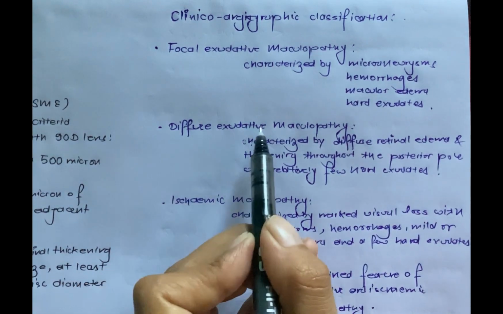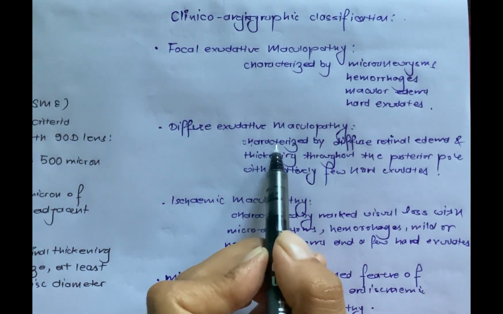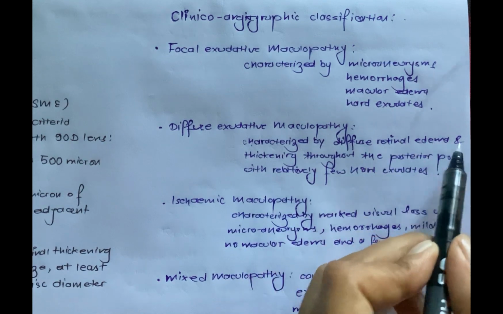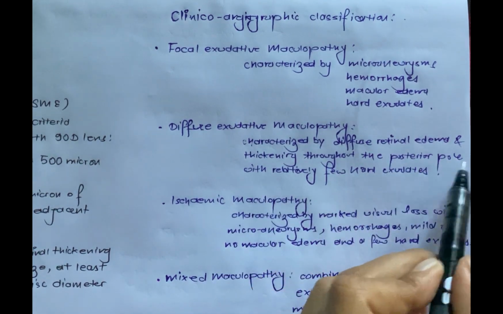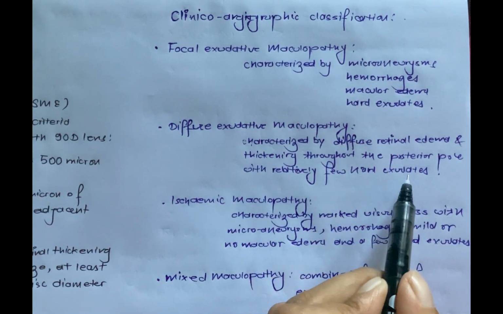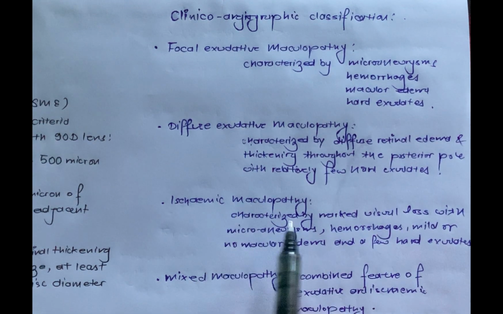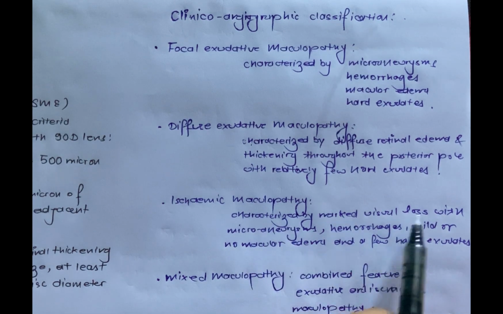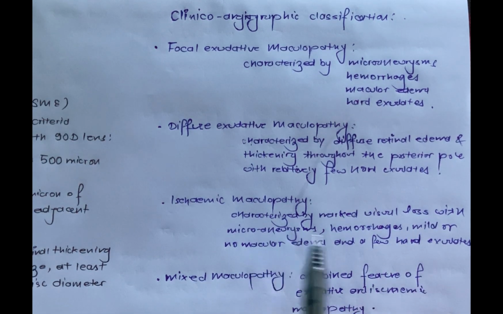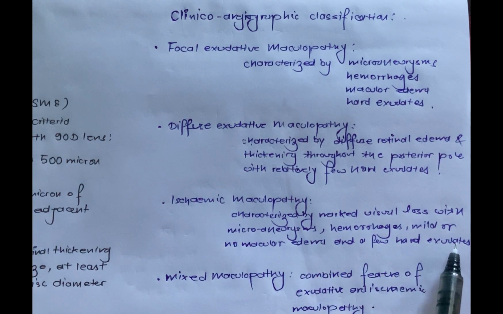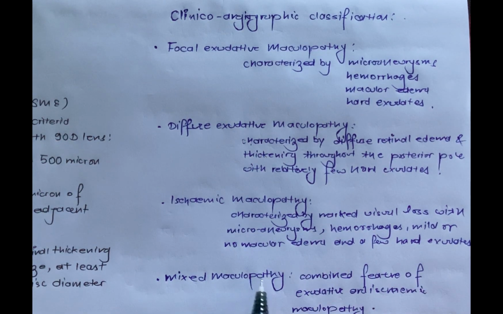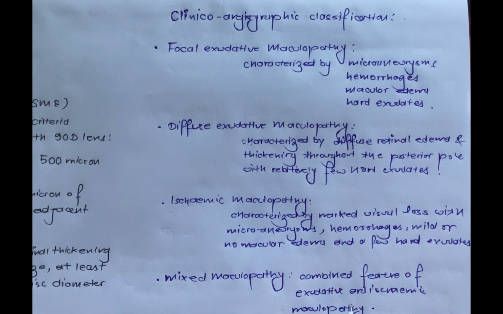And diffuse exudative maculopathy is characterized by diffuse retinal edema and thickening throughout the posterior pole with relatively few hard exudates. And ischemic maculopathy is characterized by marked visual loss with microaneurysms, hemorrhages, mild or no macular edema, and a few hard exudates. And mixed maculopathy has the combined features of both exudative and ischemic maculopathy.